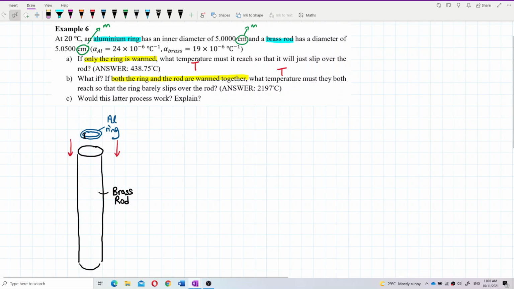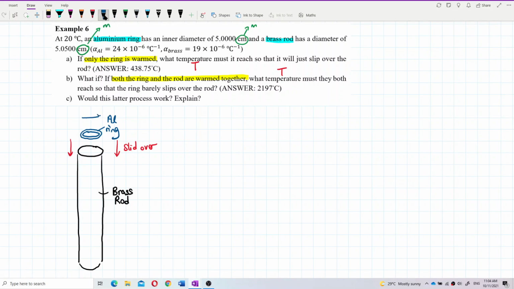We want the aluminum ring to slip over, I mean to pass through the rod, but it seems that the aluminum ring has a smaller inner diameter. The aluminum ring is only 5 centimeter. So I want to write that down over here.